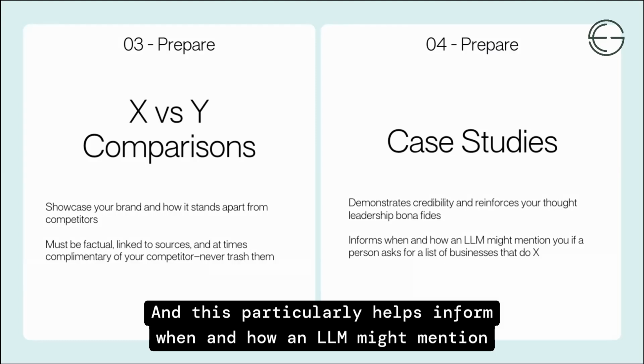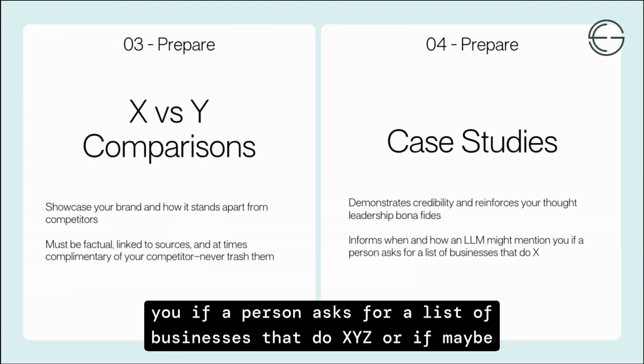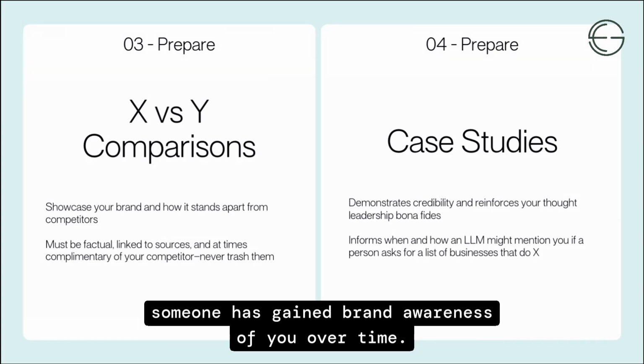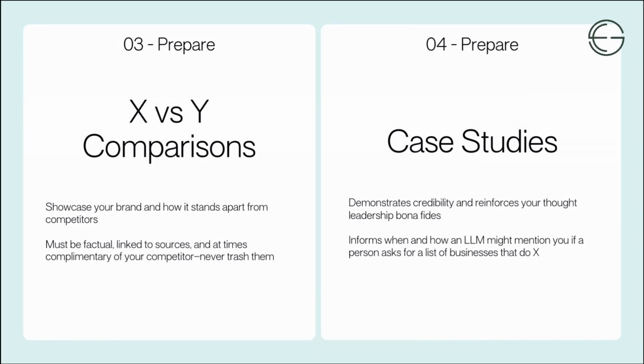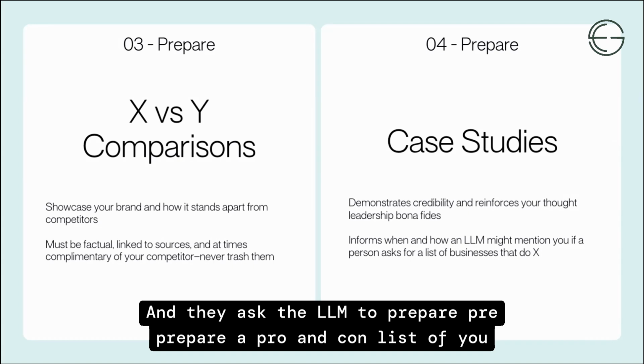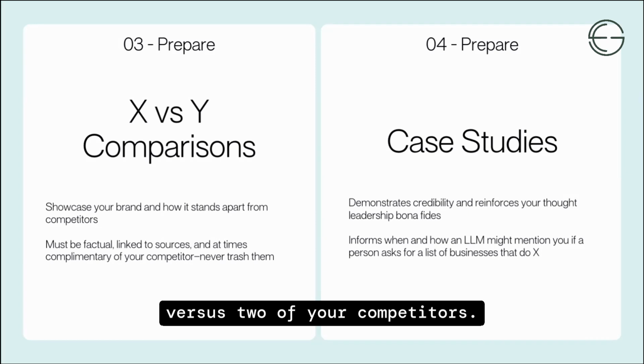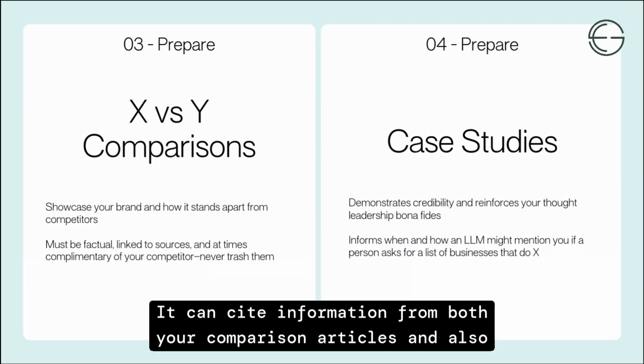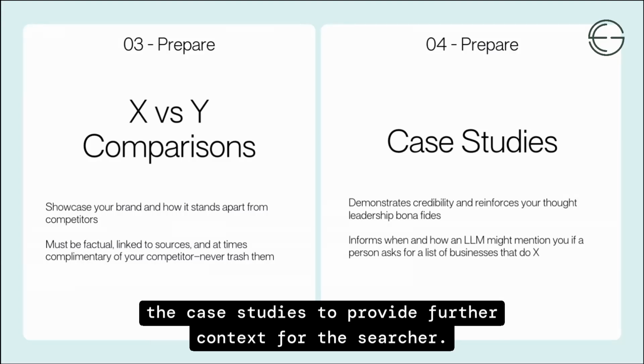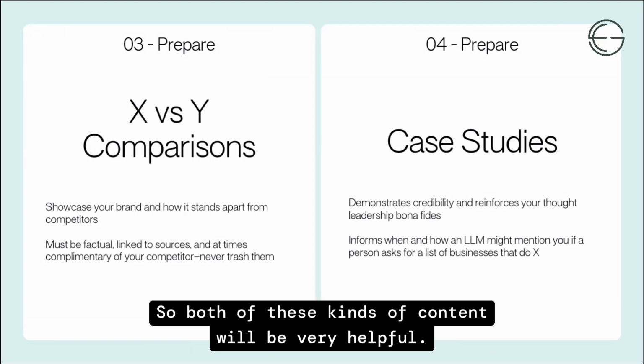And this particularly helps inform when and how an LLM might mention you if a person asks for a list of businesses that do XYZ, or if maybe someone has gained brand awareness of you over time and they ask the LLM to prepare a pro and con list of you versus 2 of your competitors. It can cite information from both your comparison articles and also the case studies to provide further context for the searcher. So both of these kinds of content will be very helpful.